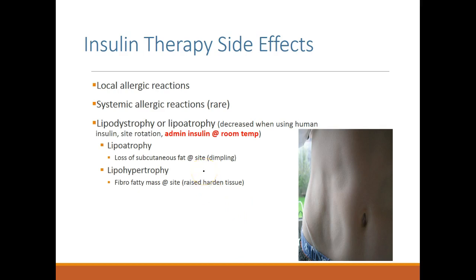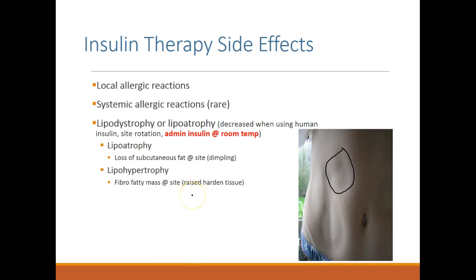Also, some other reactions that can happen at the site are lipoatrophy, which is loss of sub-Q fat, so you see some dimpling, like in this picture here, or lipohypertrophy, where you have a fibrofatty mass at the site, so it's actually raised, hardened tissue.